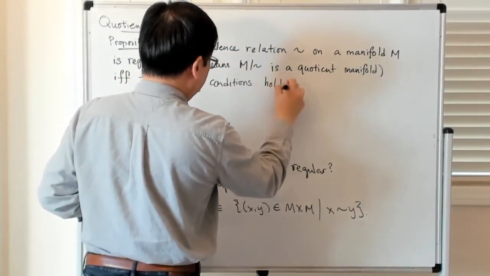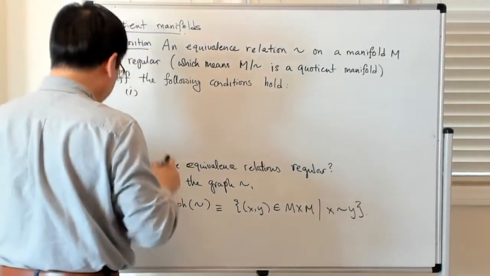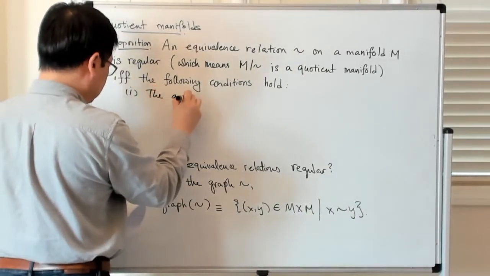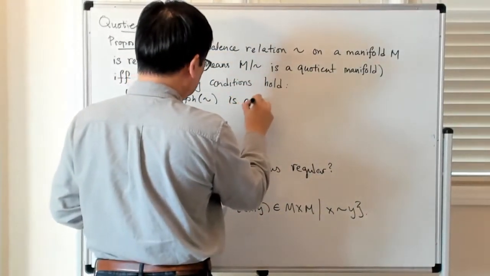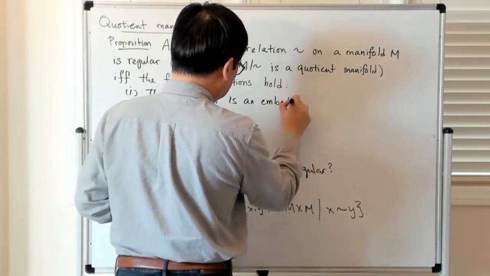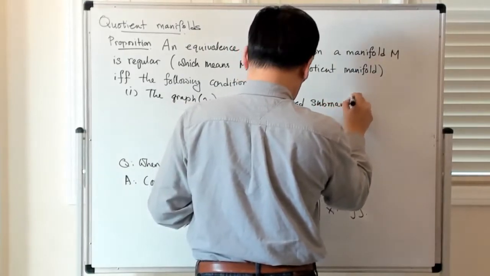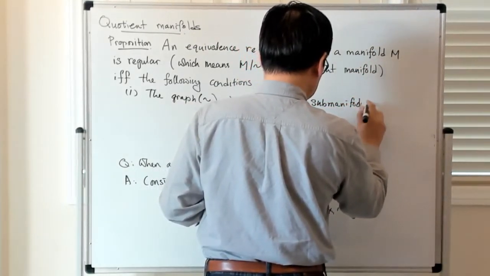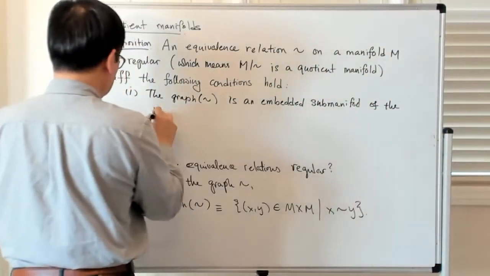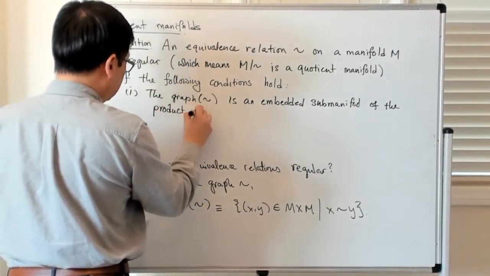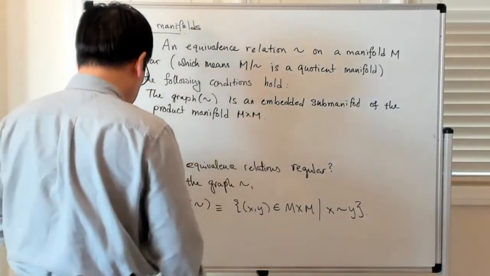You need all the conditions to hold. Okay, so the first one is that the graph of tilde is an embedded submanifold of the product manifold M cross M.